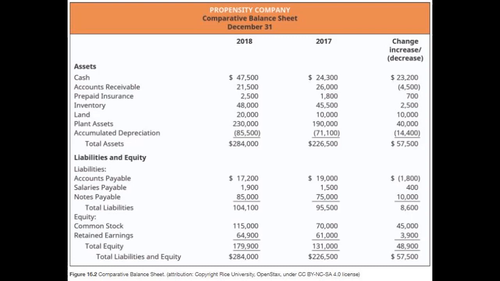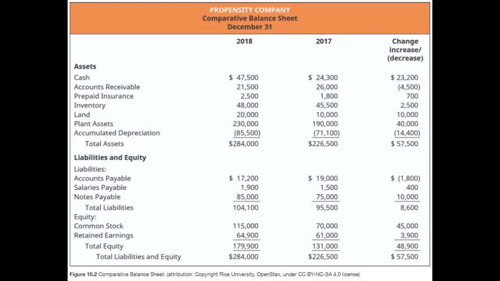For liabilities, an increasing balance in a liability is good for cash. It's analogous with, it creates an increasing cash balance. A decreasing liability is analogous with a decreasing cash balance.